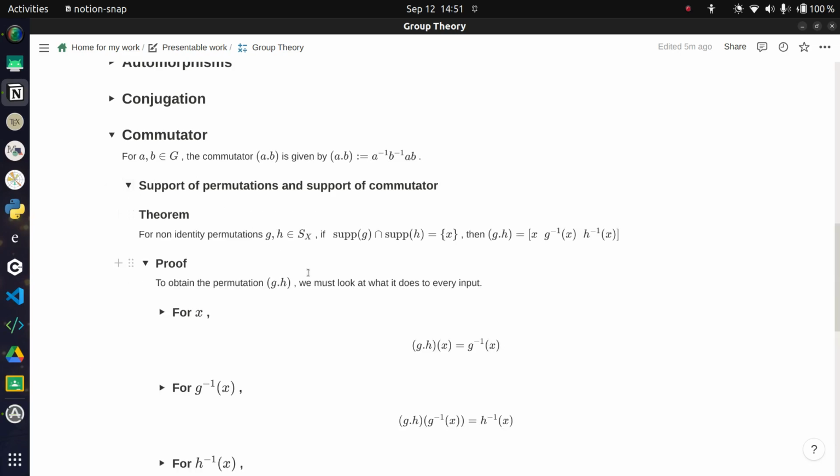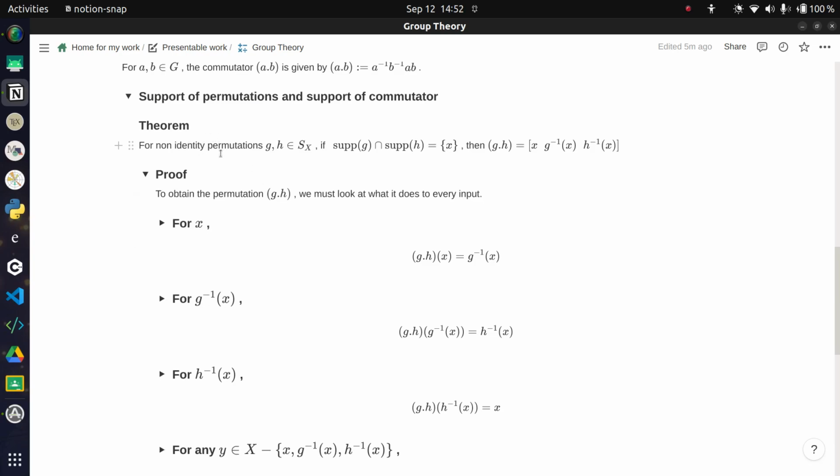So yeah, this is the thing. The theorem is, for non-identity permutations, if the support of G intersected with the support of H is a single element, then the commutator of G and H is given by this 3 cycle. So it's the element that they agree on, then G inverse of X, so the element that would be in place of X if you applied G on it, and then H inverse of X, that would be in place of X if you applied H on it, right?